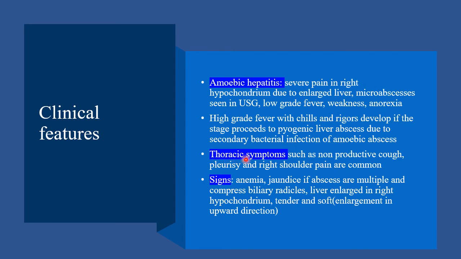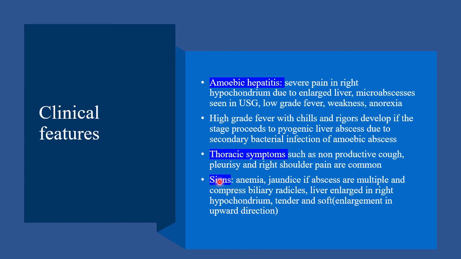At times, thoracic symptoms are also very prominent because of its vicinity to the diaphragm and the diaphragmatic pleura. Non-productive cough is a very common symptom, and then pain due to pleurisy and right shoulder region pain are very common.